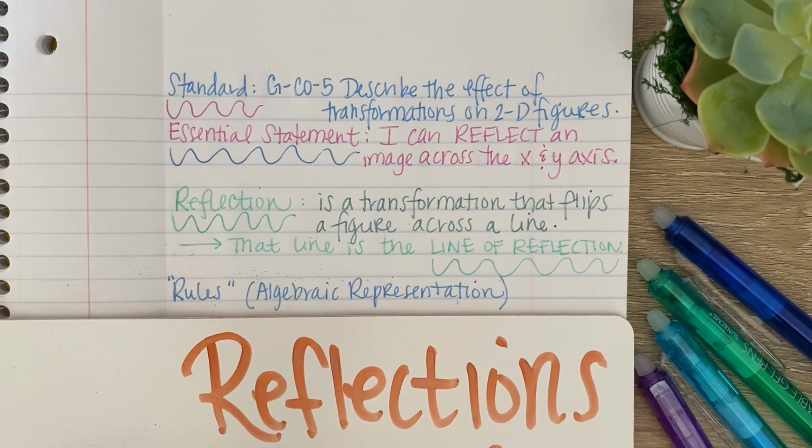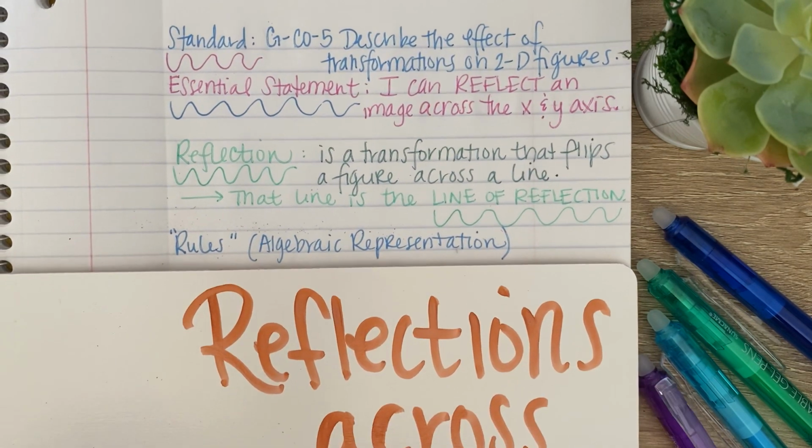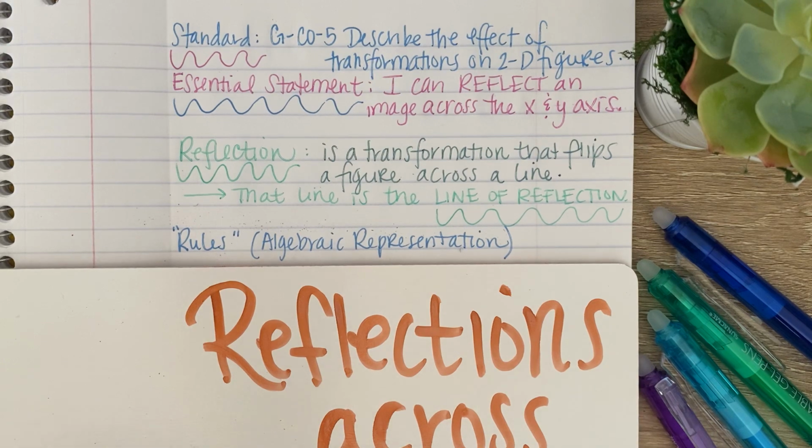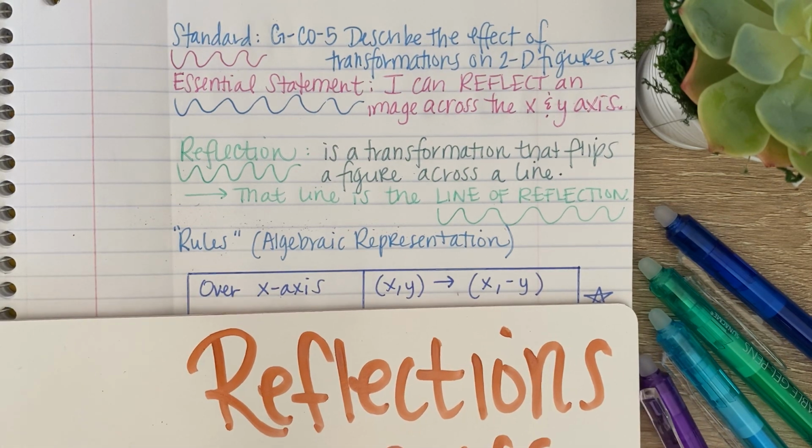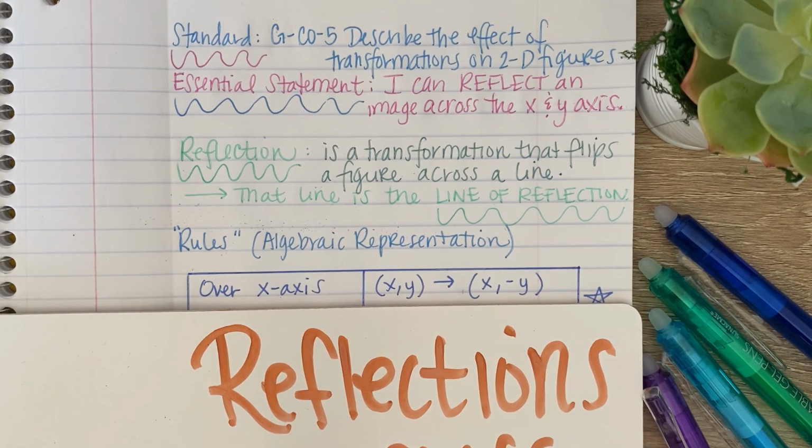Okay, so here I'm going to give you the rules or the algebraic representation of what a reflection does to your ordered pair. So, for example, if you're reflecting over the x-axis, your ordered pair (x, y) goes to (x, -y).